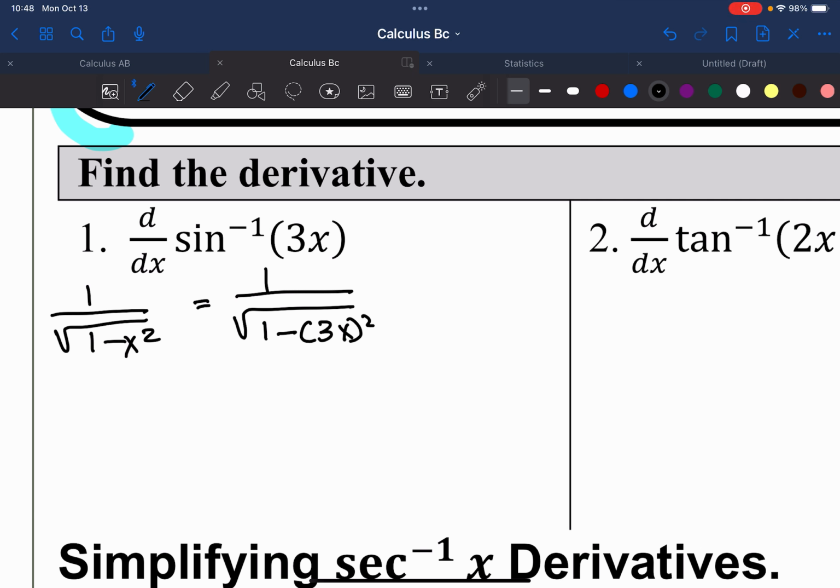And then since we have 3x as our x value, we have to multiply by the derivative of 3x based off of the chain rule. So this is actually going to be multiplied by 3, which means we have 3 over the square root of 1 minus 9x squared.